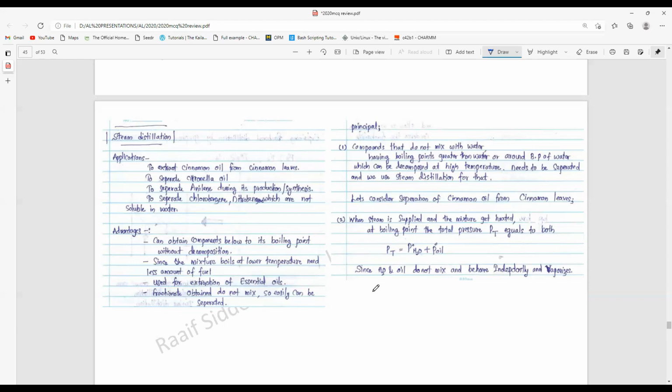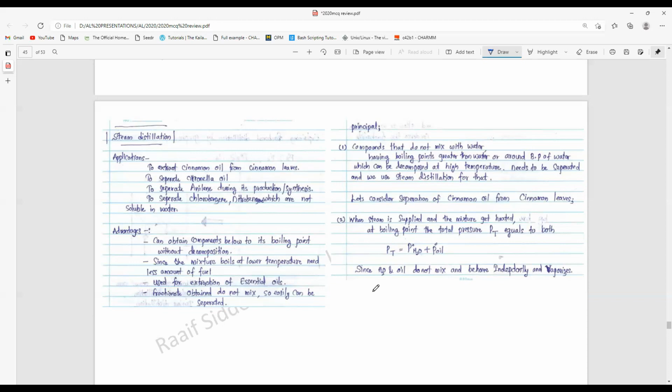If you remember, in Raoult's law the molecules are mixing. That is why there was a vapor pressure depression, right? But here these molecules are not mixing. So there is no vapor pressure depression, because these molecules are still behaving as if they are present in the solution alone.